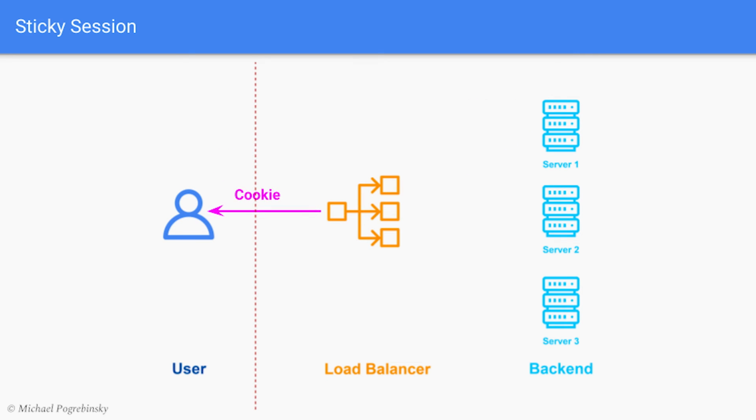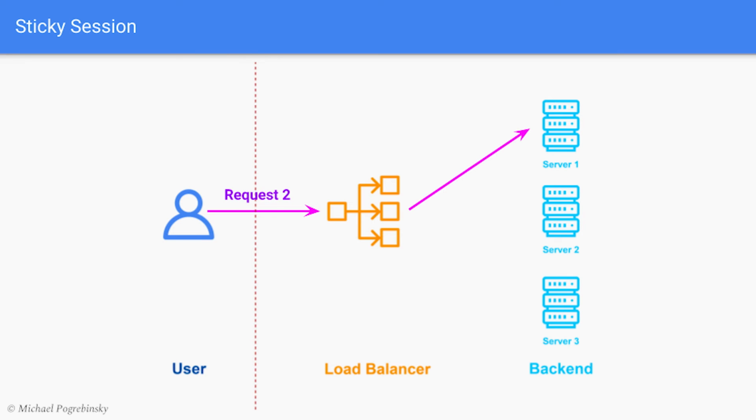This can be achieved by placing a cookie on the client's device, which will be sent with every request to the load balancer. Another way to do this is simply using the client's IP address as the identifying attribute in each request. From that point on, every request that comes from that particular client can be tracked and routed to the same server for the duration of the session.